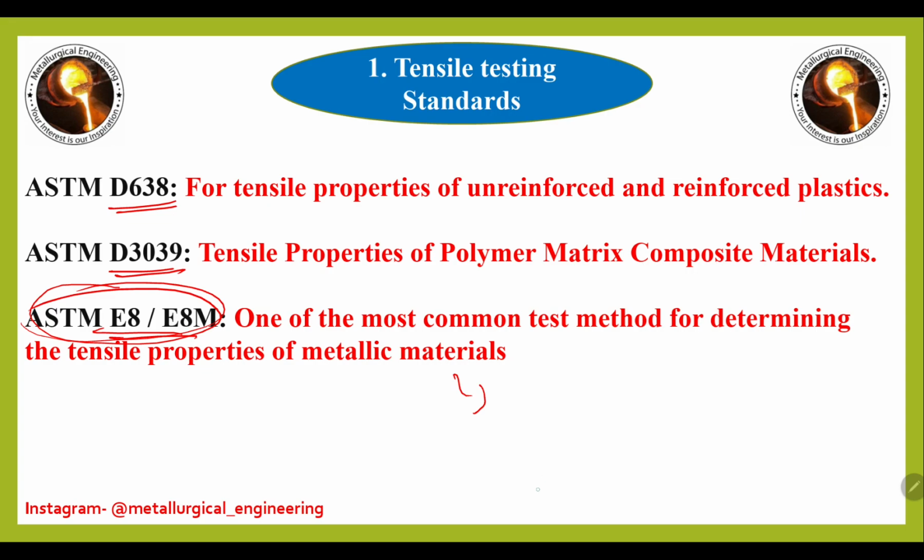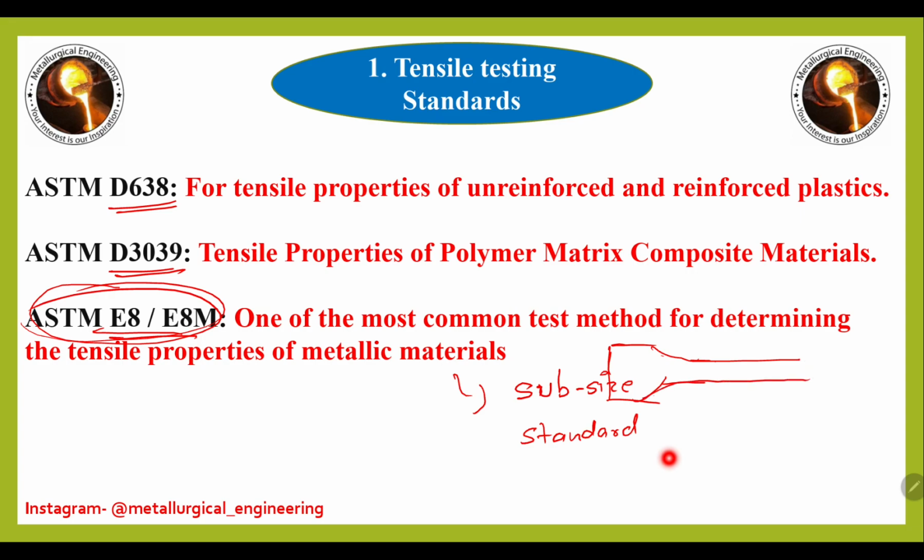In this ASTM E8 standard, we have different kinds of specimens, like sub size or standard size specimens. The ASTM standard does not have one fixed size, it has different dimensions for the tensile test specimen. The shape of the tensile test specimen is called dog bone shape.